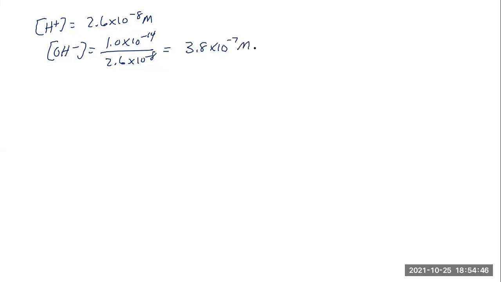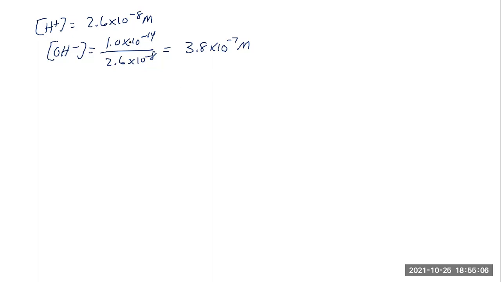Let me just double check that real quick. 1 exponent 14 divided by 2.6 exponent negative 8. 3.8 to the minus 7 would be our hydroxide concentration.